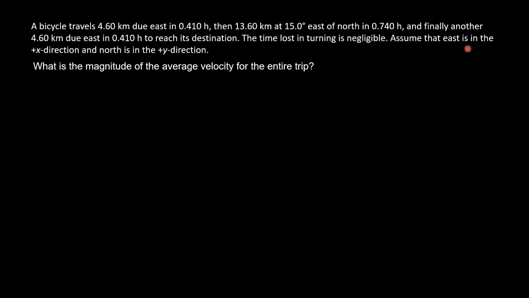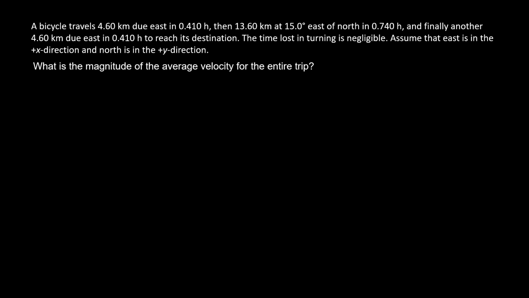Assume that east is in the positive x direction and north is in the positive y direction. So find the magnitude of the average velocity for this entire trip. For this question, we have different displacements in different directions at different times.